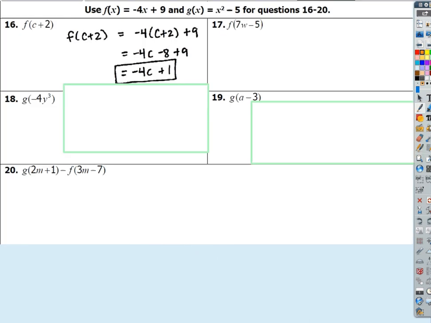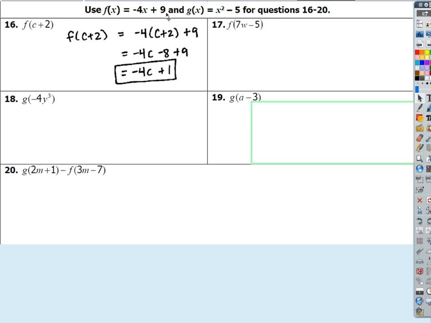What if I ask you to do something crazy like this? What if I ask you to evaluate a function at some place that's not a number, like c plus 2? The same rules hold, right? If f of x is negative 4x plus 9, then f of 5 would be negative 4 times 5 plus 9. F of negative a million would be negative 4 times negative a million plus 9.